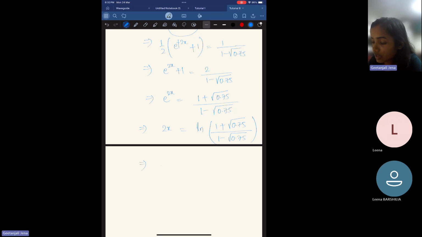So x is nothing but kappa L, right? If you take L to the right hand side, this will be 1 by 2L times ln of 1 plus the square root of 0.75 by 1 minus the square root of 0.75.